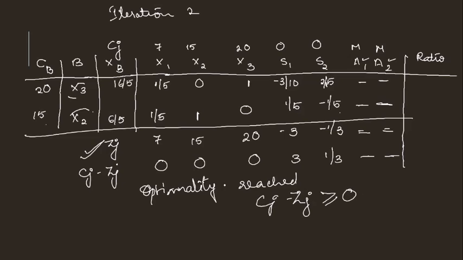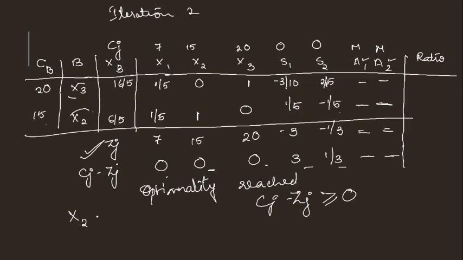Okay, now here you don't find any negative value, so all the elements over here are either positive or 0. So that is where we can stop our iteration, and from that we can arrive at another conclusion, which is the major aim of our problem.